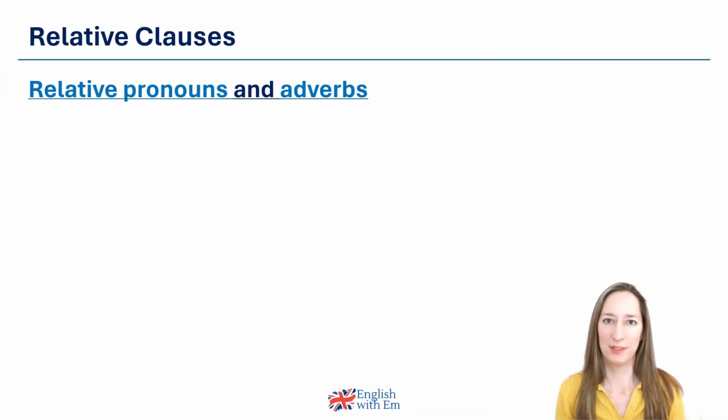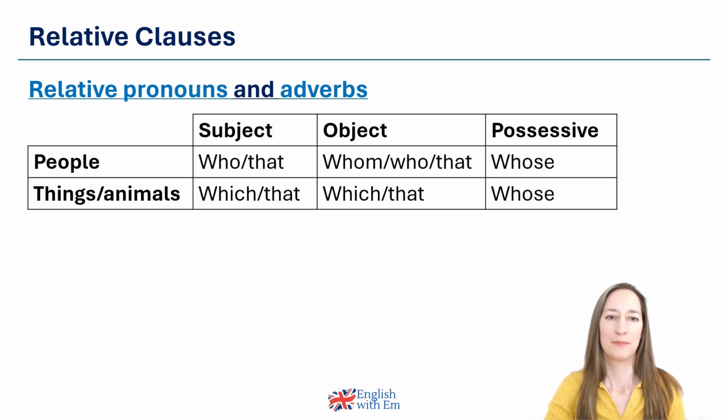So first of all, let's have a quick look at the pronouns and adverbs. For people, we use who or that for the subject, and whom, who or that for the object. If you're confused about the difference between subjects and objects, don't worry, because I will explain that shortly.